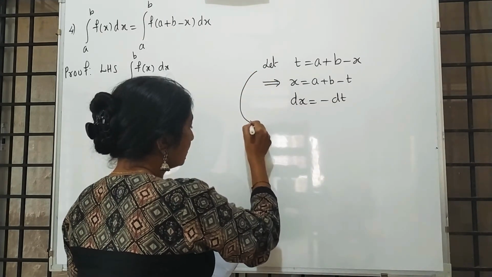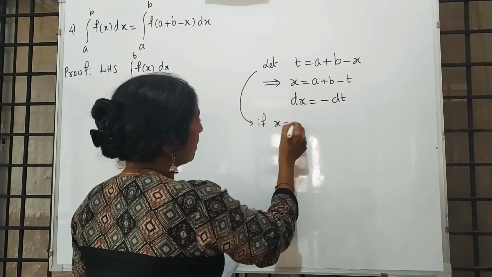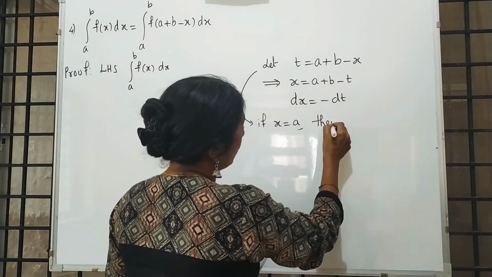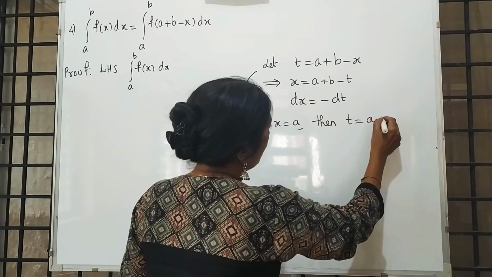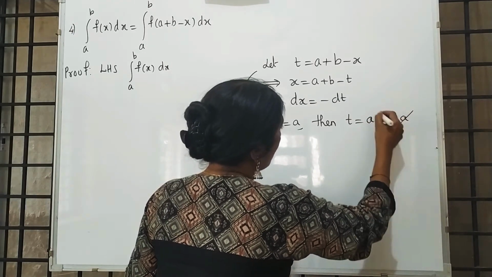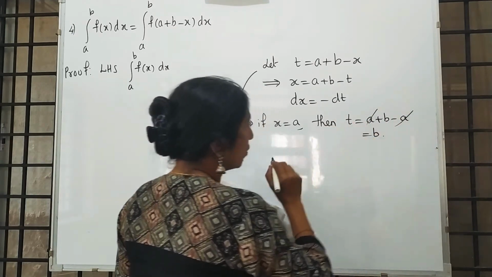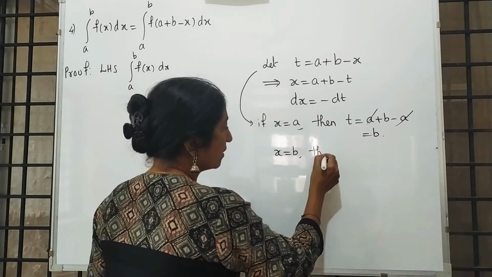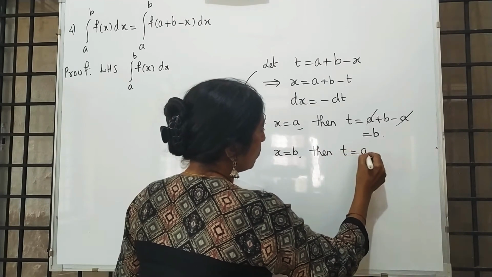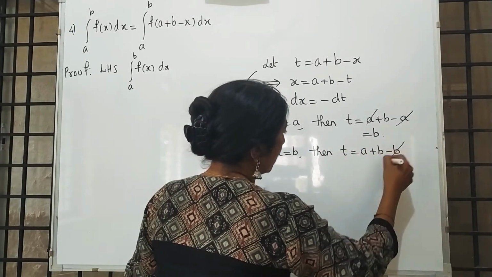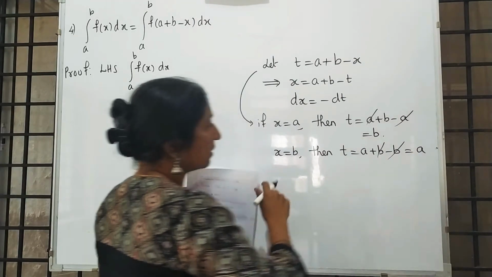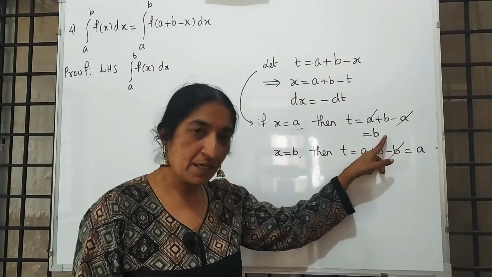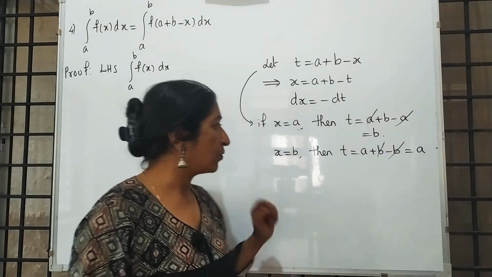And in this, if x is equal to a, the lower limit, if in place of x you write a, what is the answer? See, a plus b minus a. Minus a plus a gets cancelled, you are getting b. If you write b, then t is equal to a plus b minus b. Minus b plus b gets cancelled, a is remaining. That means in the place of lower limit a, we have to write b. In the place of upper limit b, we have to write a.